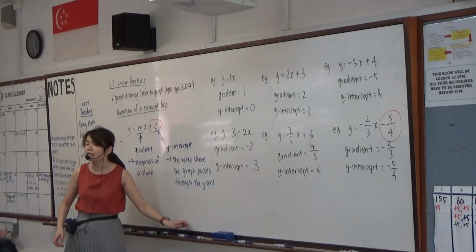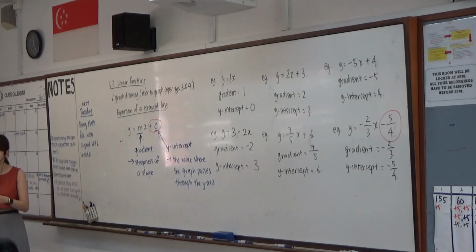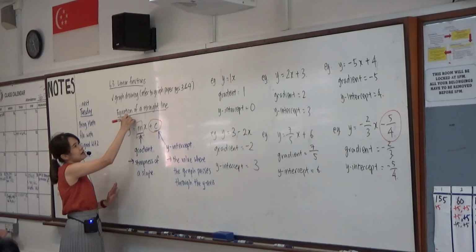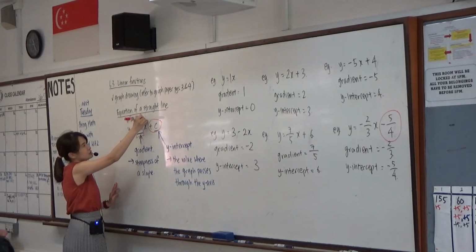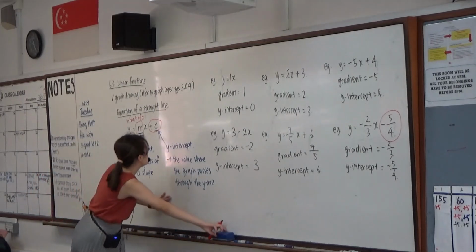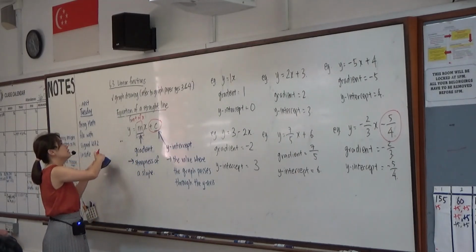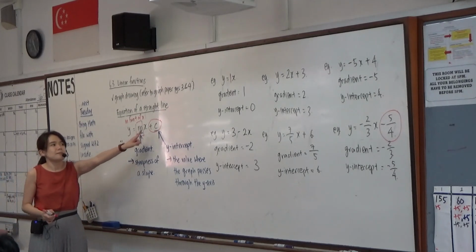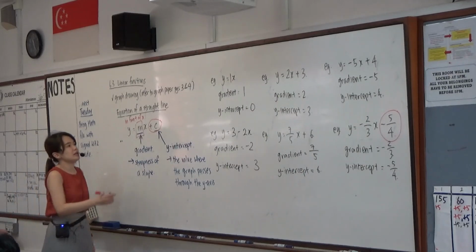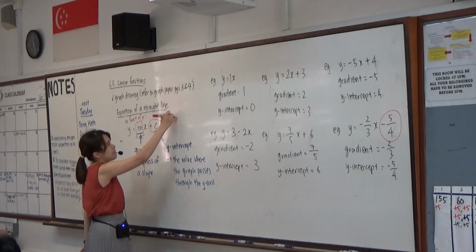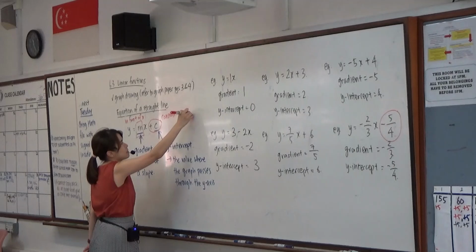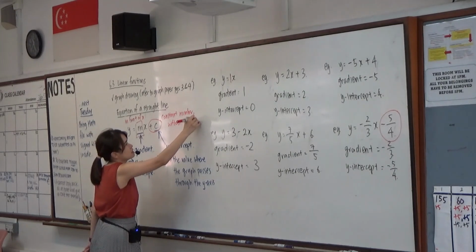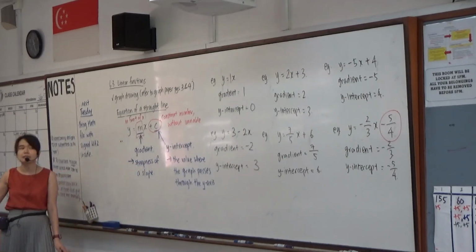So we need to be very clear about what is gradient and what is y-intercept. Gradient must be the number in front of x, or the coefficient of x to be precise, and your c, your y-intercept, must be the constant number without any variable, because sometimes it may not be x.